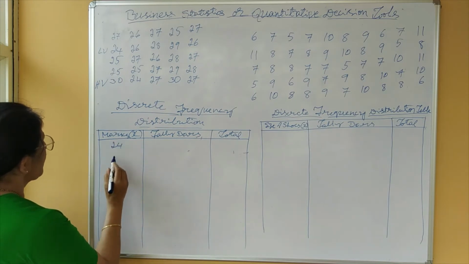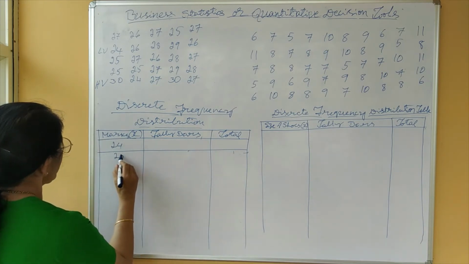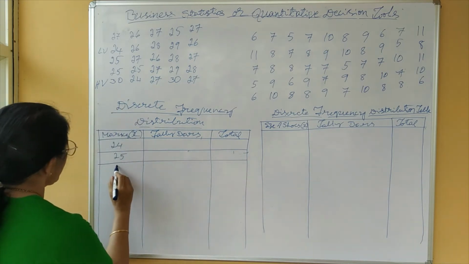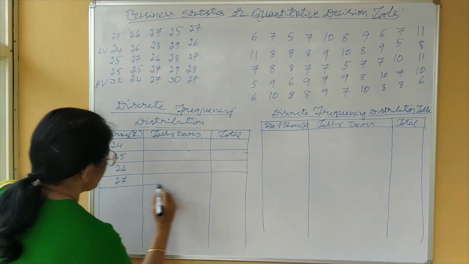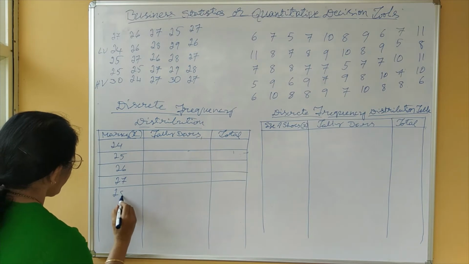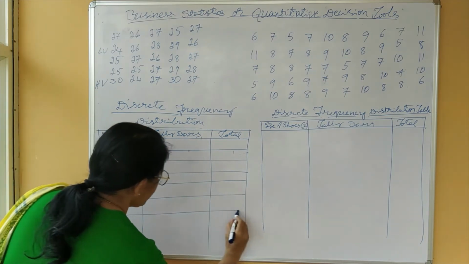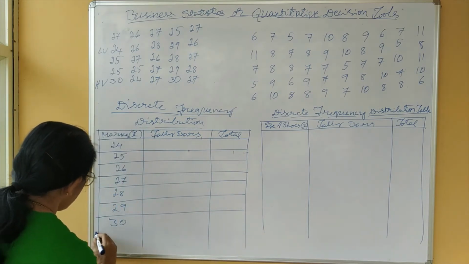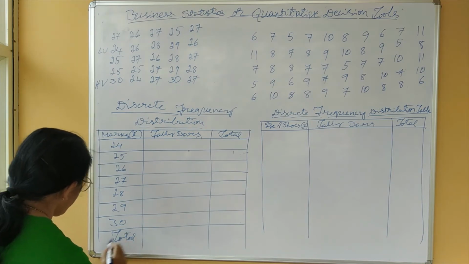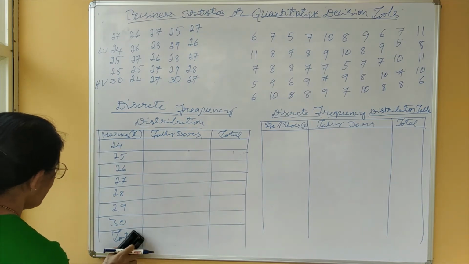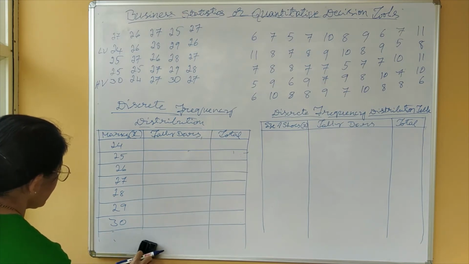Therefore, take from 24, 25, 26, 27, 28, 29, 30, total. Total there we have taken, and it is enough. In case of bivariate table, we have to take the total both sides. Okay.